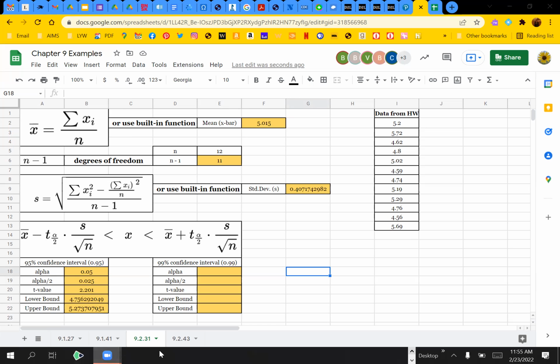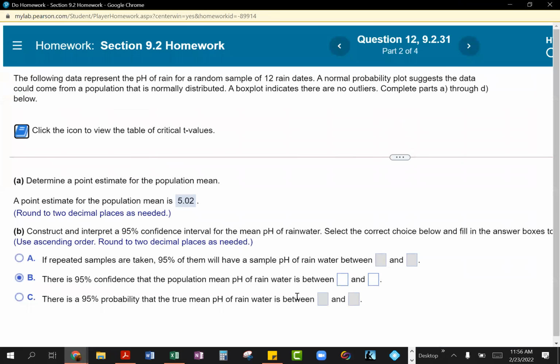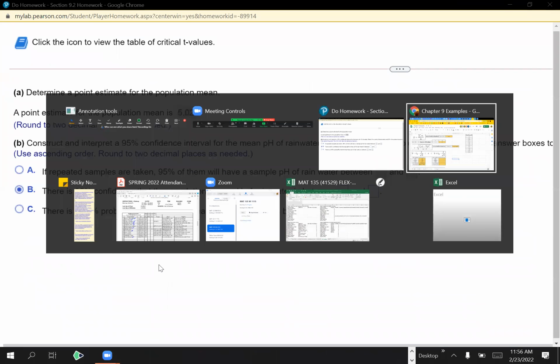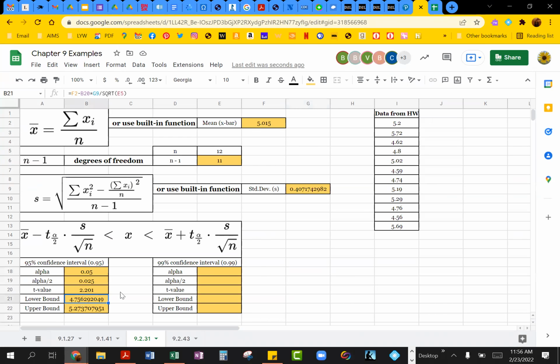So using this, back to our problem, they are asking us to round this to 2 decimal places. So 2 decimal places will be, let's see, for the lower bound, we have 4.756, which will become 4.76.